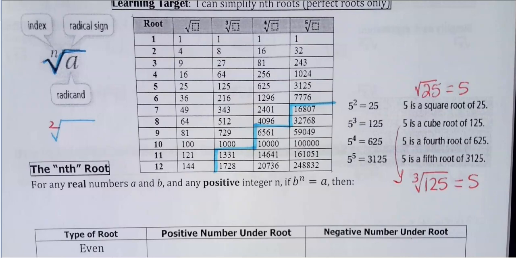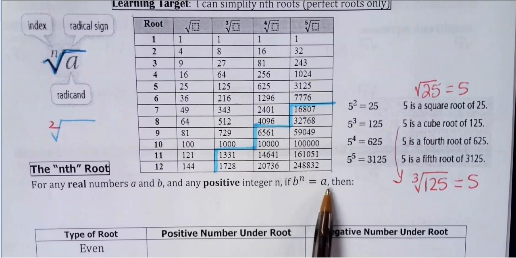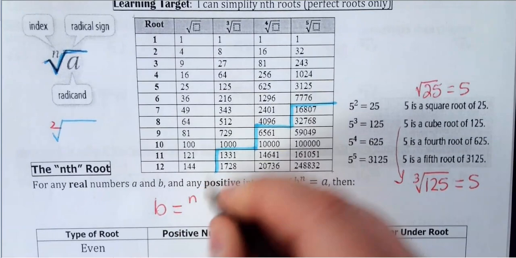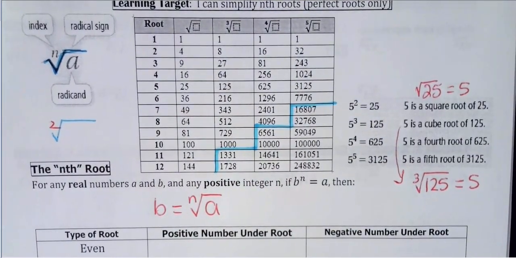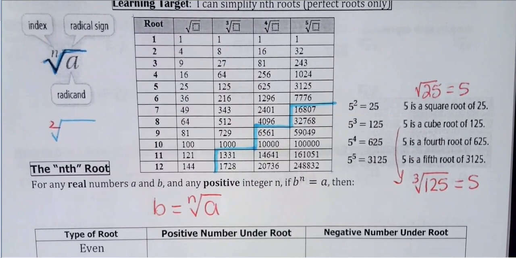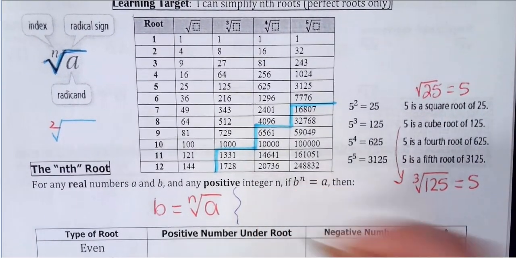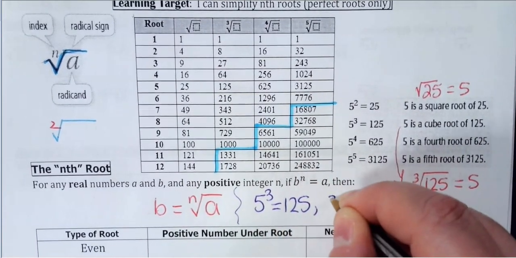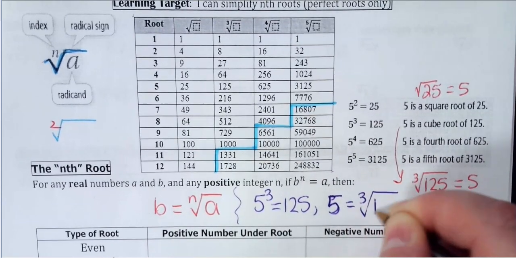So just in general, if you have something to a power and it's equal to a number, if I take the nth root of the other side of the equation, it should be equal to whatever I was taking to that exponent. If I have 5 to the third equals 125, then 5 is going to be equal to the cube root of 125.